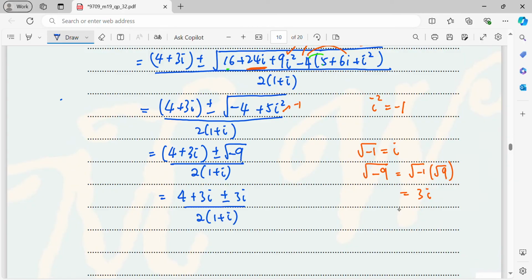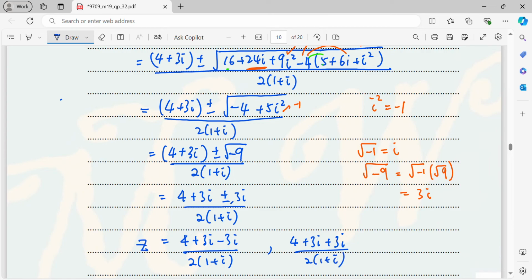So you will be getting 4 plus 3i, then plus minus 3i over 2 times (1 plus i). So now, I will calculate using the minus first. That means 3i minus 3i. Right, you split it into two parts. So this will be my z value. But then later we still need to simplify.